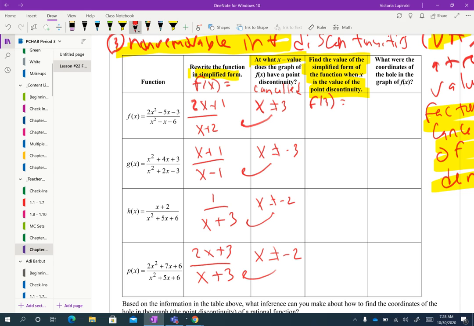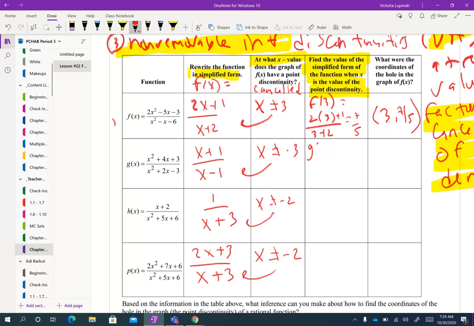Plugging that into the reduced form, 2 times 3 plus 1 over 3 plus 2, that looks like 7/5. And the conclusion is that that is the actual coordinate of the hole, (3, 7/5). If you were to go back to page 2 and look at the graph of this first function, you would see that that is exactly where the point discontinuity is.